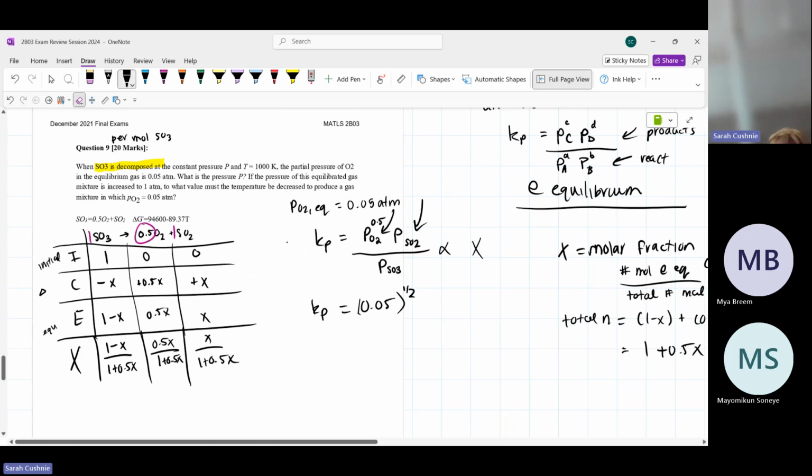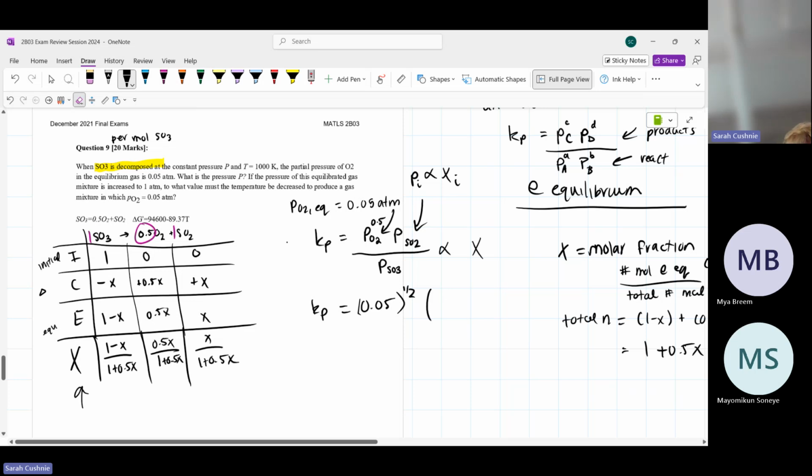You might say, I don't know what that is, but remember the partial pressure is proportional to the molar fraction, so Pi is proportional to Xi. So we can sub in our molar fractions instead of our partial pressures, which is what we just calculated.